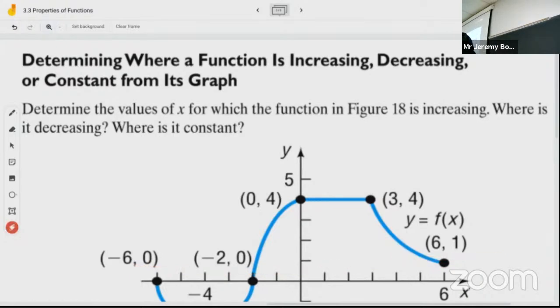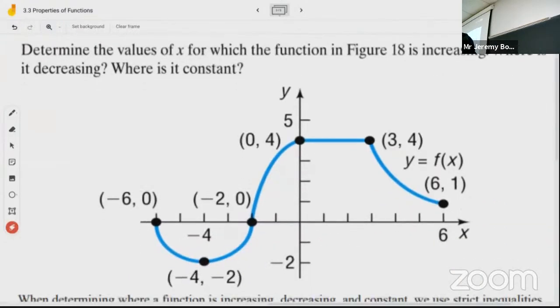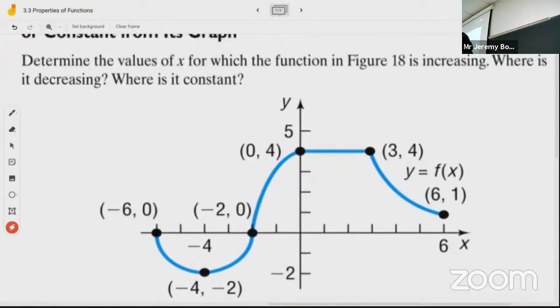The easiest way for me to describe this is to think about you're in a little roller coaster, and you're going to follow the curve of this graph from left to right. From here to here, are you going up or are you going down?